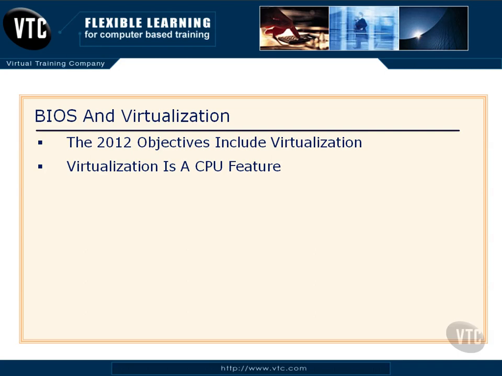Really, really neat feature, a really great way to access all kinds of different features, save on hardware costs and all sorts of things. But what we're concerned about here is that you understand that virtualization is a function of the CPU. It's not the motherboard, it's not any other piece of hardware that's making this magic happen.